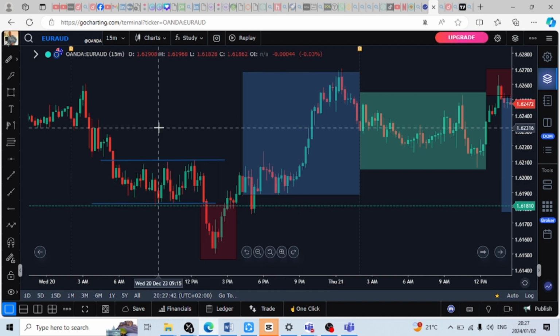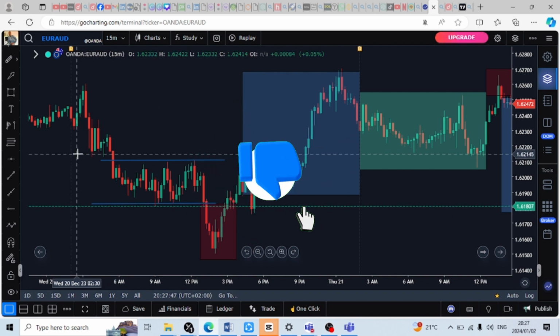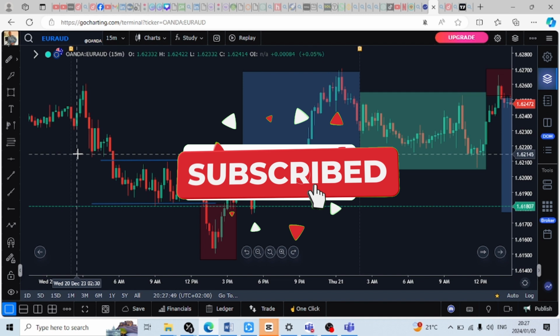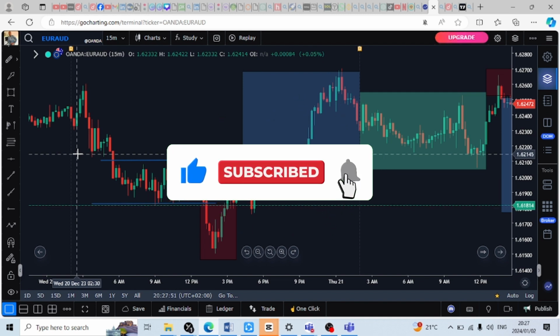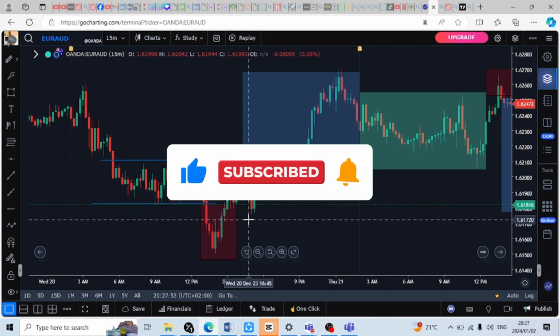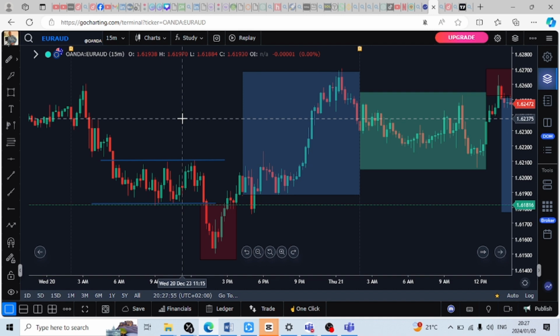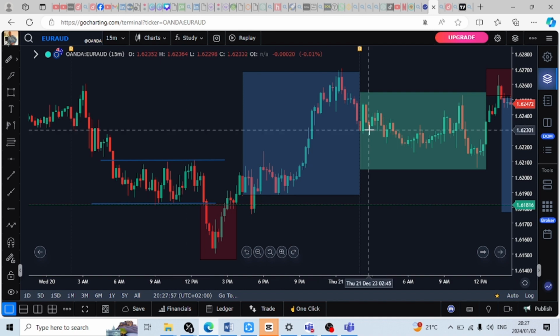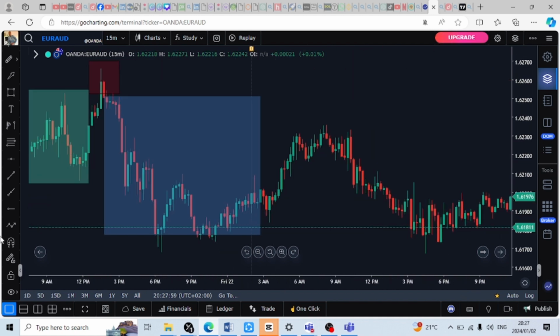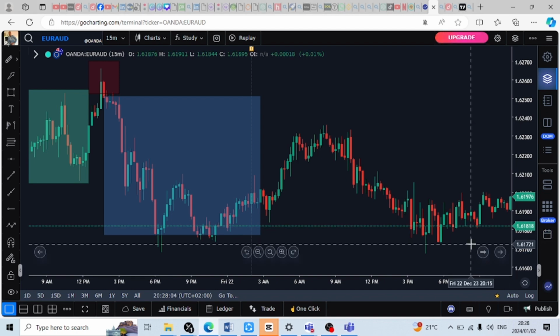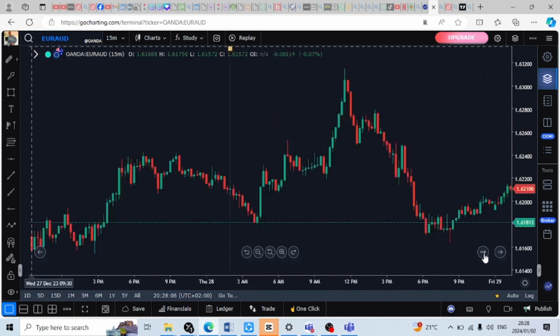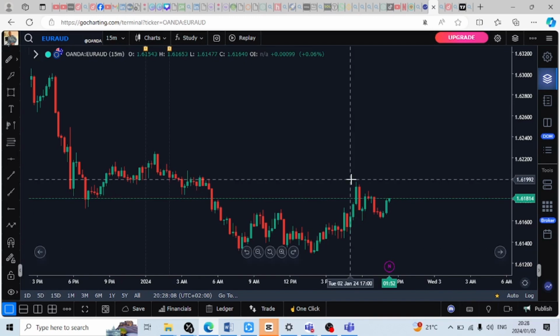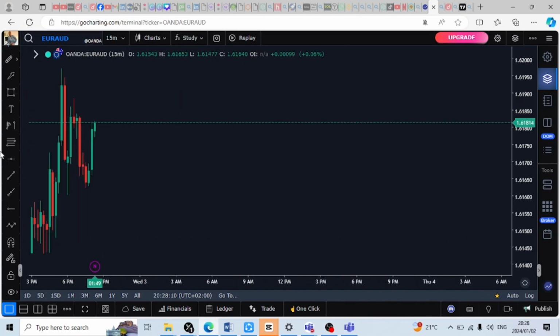So now that we've managed to identify that yes, it's actually taking place in these markets, the biggest question is, how then do we trade using this concept? There are two ways that we can use to trade using this concept. So what you would want to see is this.